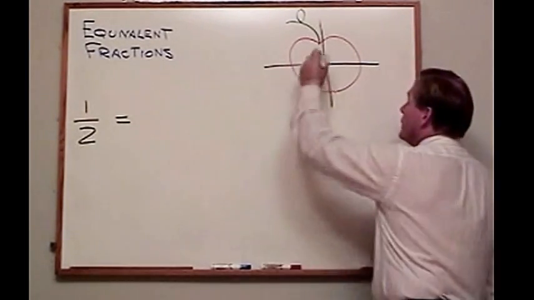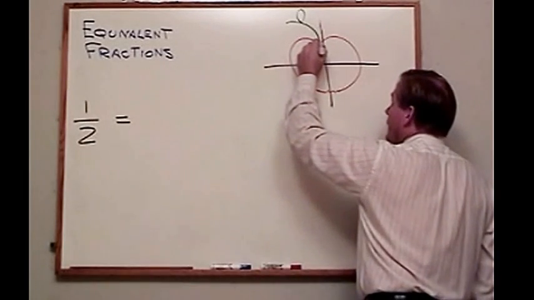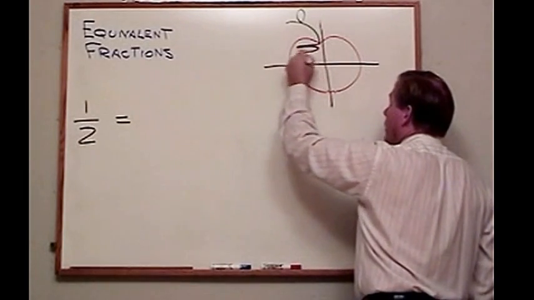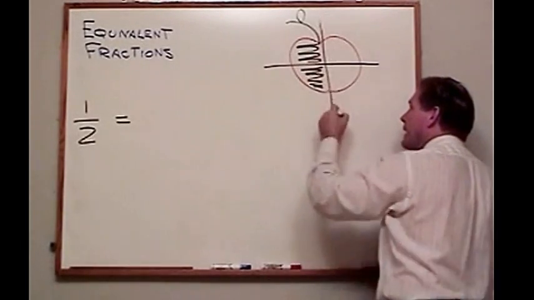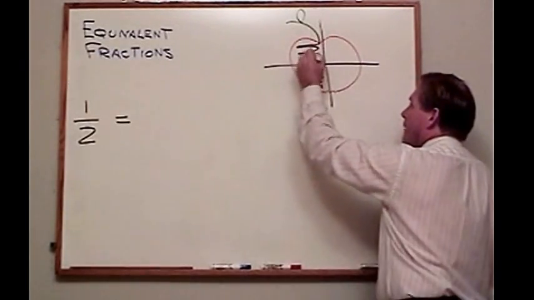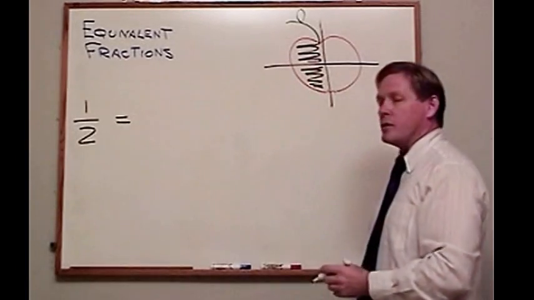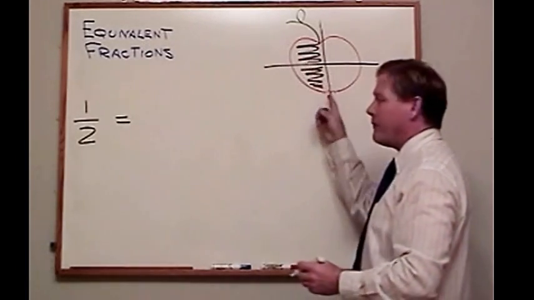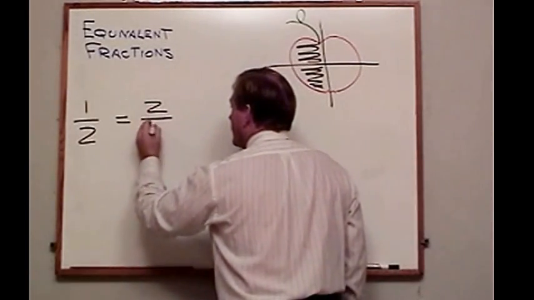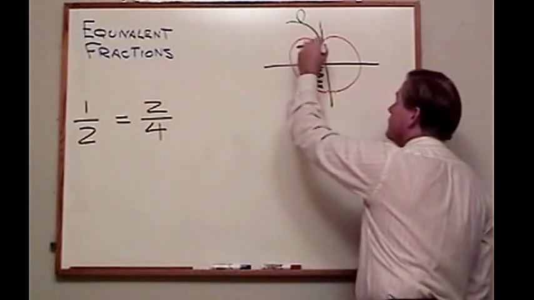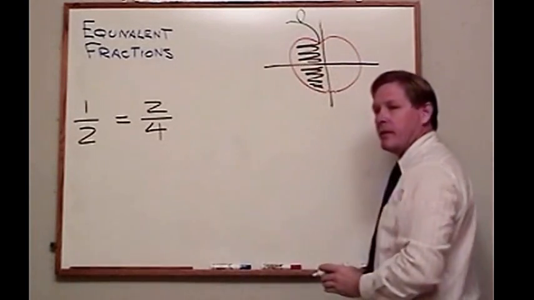Now remember, we divided it into 1/2, and we had this part of it, the part that's shaded in. Okay, now we divided it again into quarters, and we have 2 quarters, but isn't that the same 1/2? 2 quarters of the apple is equal to 1/2 of the apple.